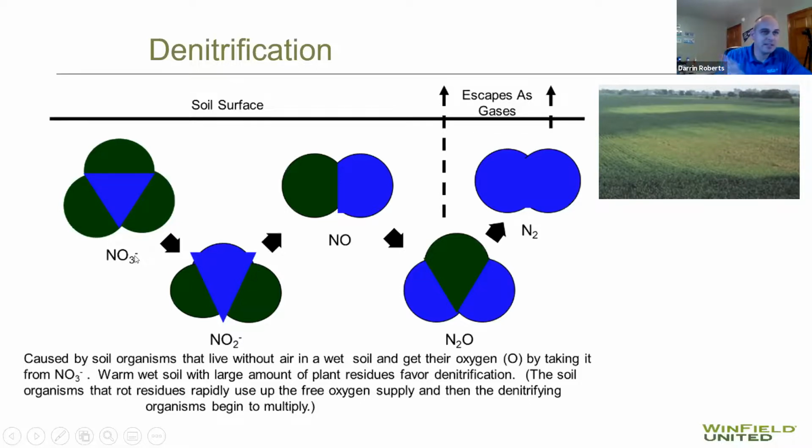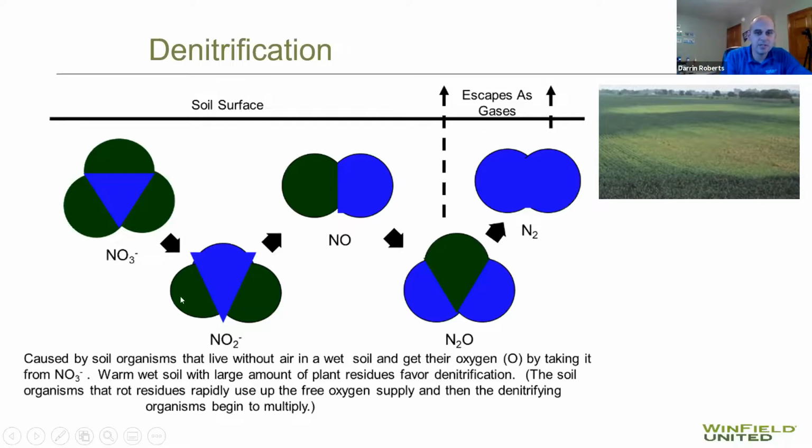So what's happening with that is we've got microbes in the soil, and once the soils become saturated, those microbes still need to find an oxygen source. And so they go to the nitrate molecule and they start peeling off the oxygens.